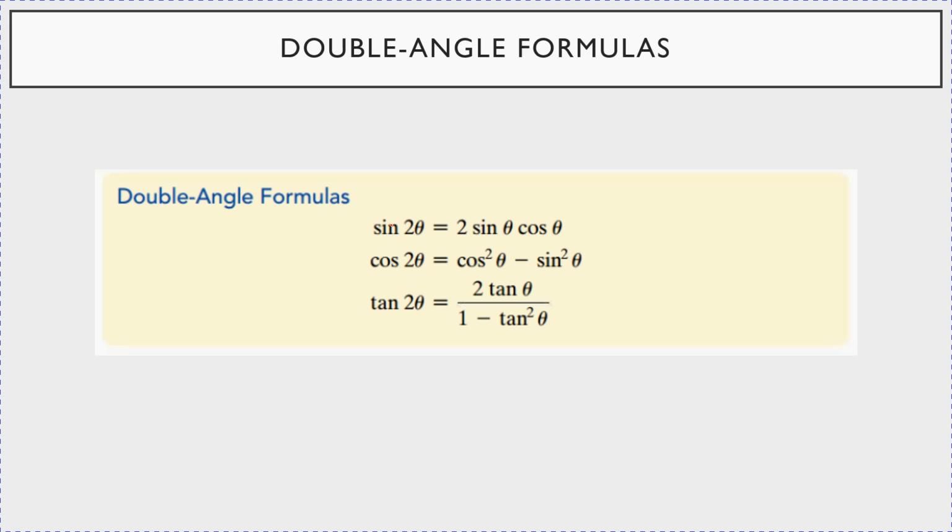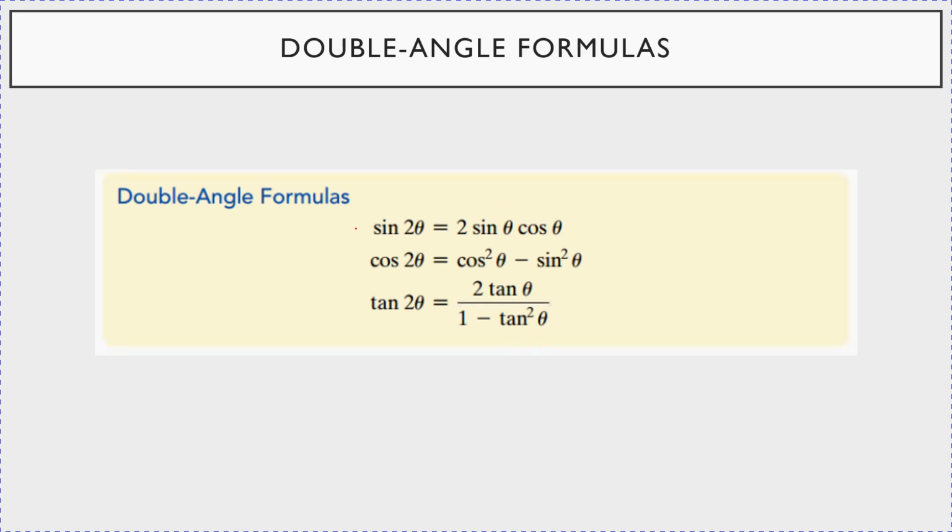The first one is sine of 2 theta equals 2 times sine of theta, cosine of theta. Notice it's in terms of theta, not 2 theta anymore. Cosine of 2 theta is equal to cosine squared of theta minus sine squared of theta. And tangent of 2 theta is equal to 2 times tangent of theta divided by 1 minus tangent squared theta.